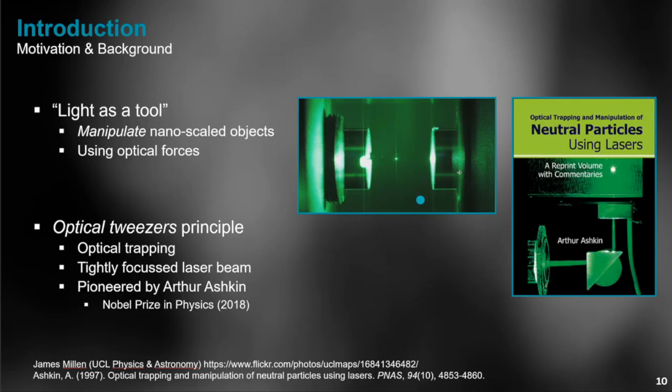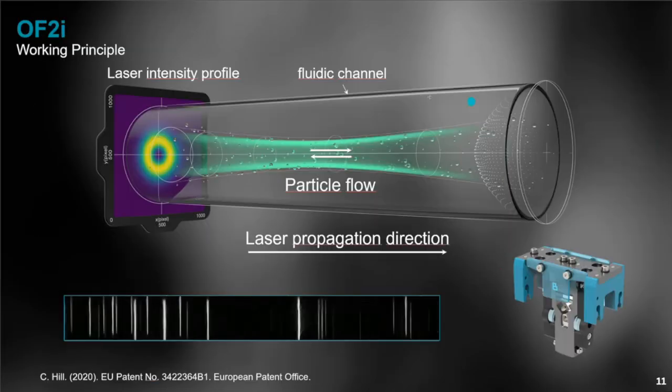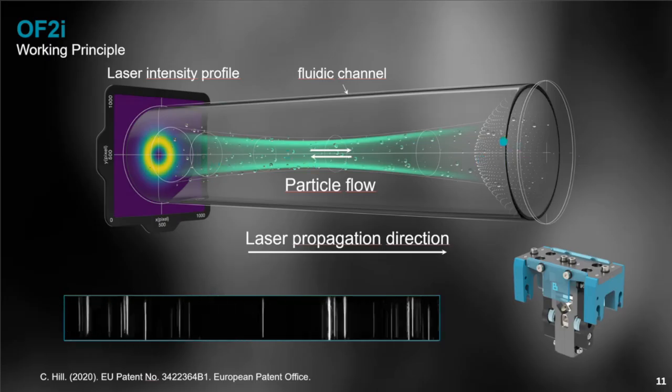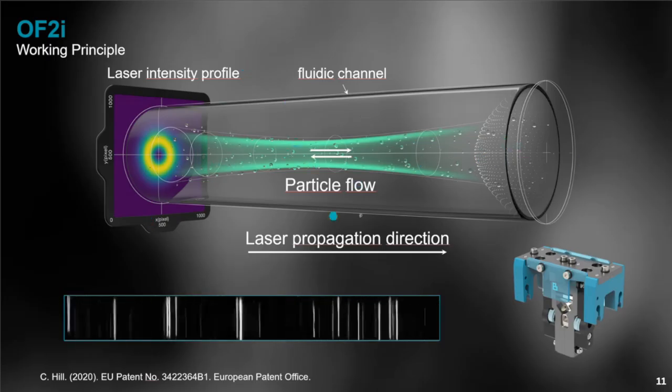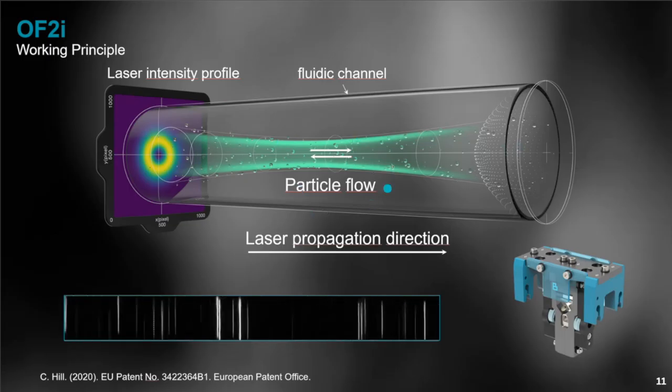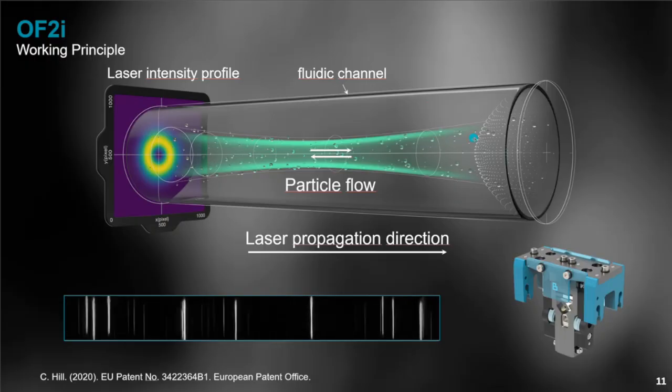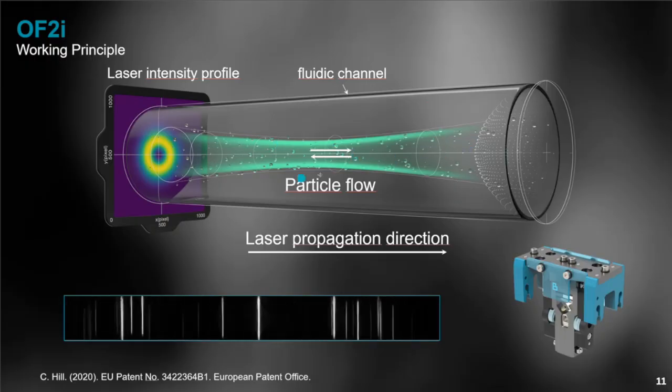He did it on a single particle basis or a couple of particles. And what we do with OF2I now is really doing it with lots of particles at the same time. So in this fluid channel, we really look at this center here, and when particles are trapped, they are trapped out here and are transported into our observation window.